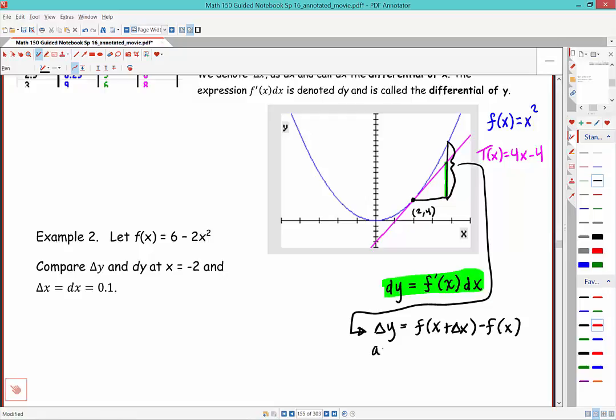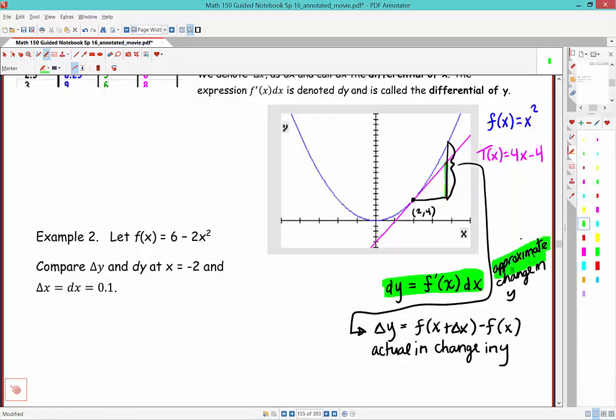And this represents the actual change in y. Now over here we have our estimated change. So dy, the differential of y, is our approximated change in y.